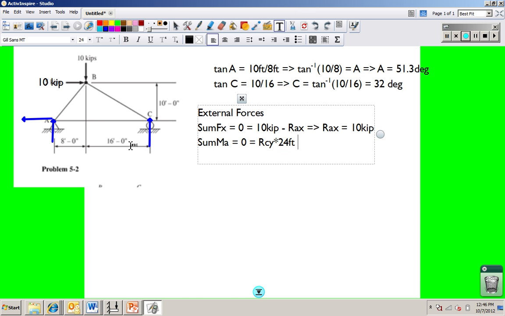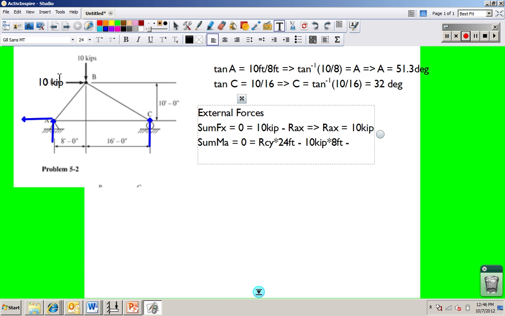Okay. Now the next moment is going to be due to one of these forces. You can choose either one you want. And we'll just start with this 10 kip force in the Y direction. It's going to cause a negative moment, so it's going to be minus 10 kips, and that Y direction force needs to be moved or translated 8 feet.